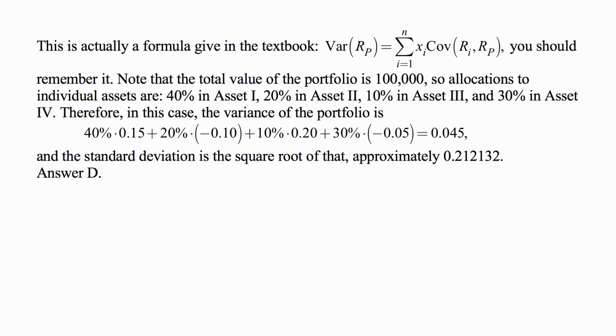So it's 40% times 0.15 plus 20% times negative 0.10 plus 10% times 0.20 plus 30% times negative 0.05. And that's 0.045. That's the variance, and the standard deviation is the square root of that, approximately 0.212132, and that's answer D.